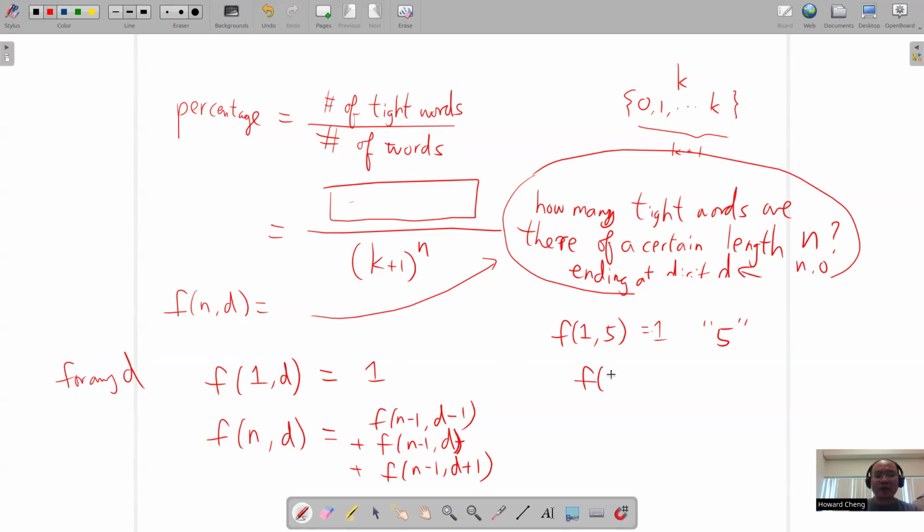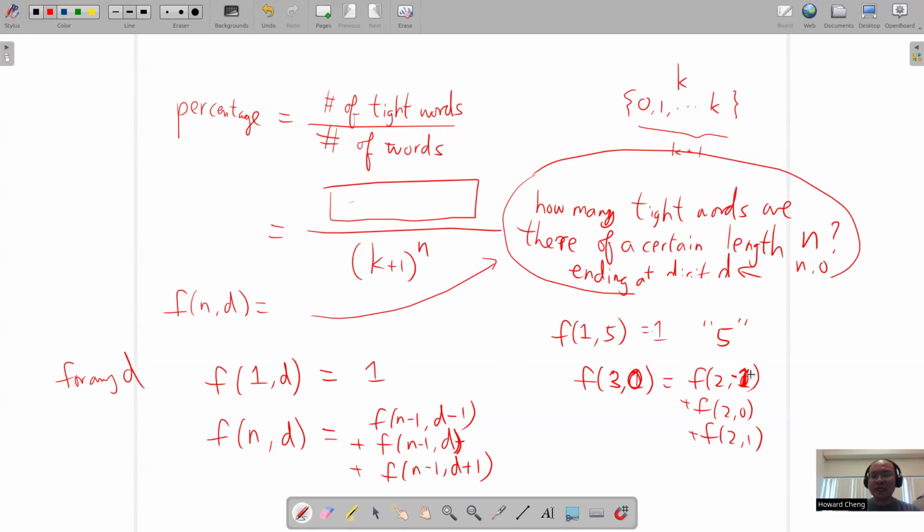So for example, if you're computing f(3, 0), then you recursively would say this is f(2, 0) plus f(2, 1).